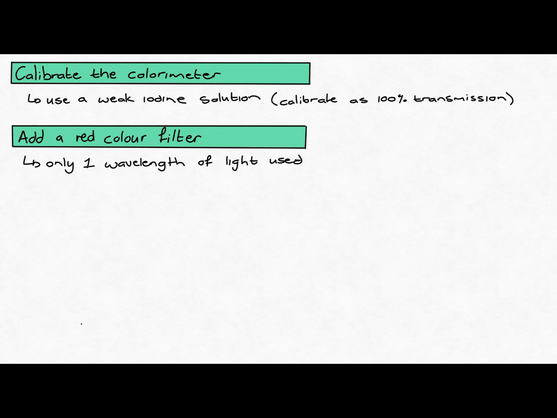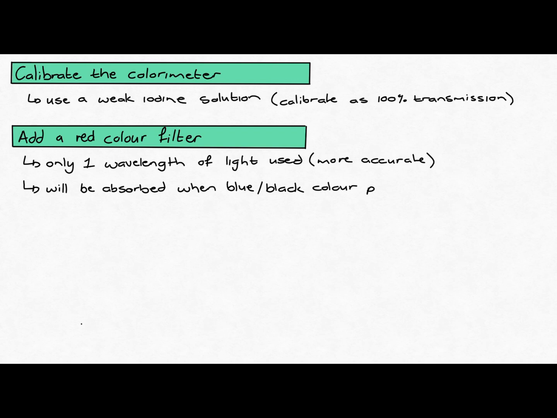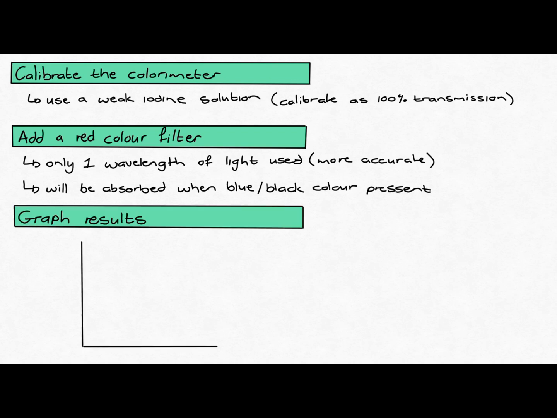This specific wavelength, meaning red, is chosen because it will be totally absorbed when the blue-black color is present. Remember, the reason why we see the blue-black color is that the blue-black color is being reflected towards our eye, meaning red will be absorbed. We will then take the results and graph them.